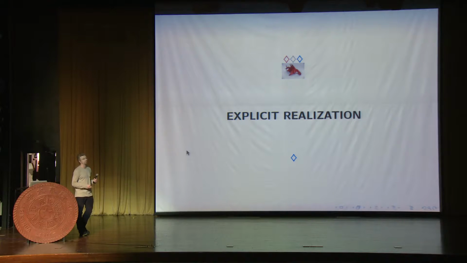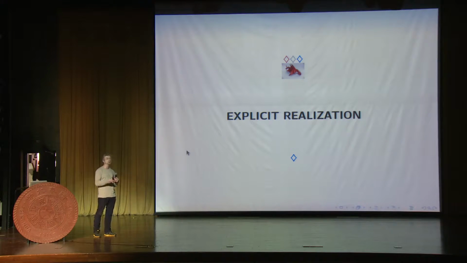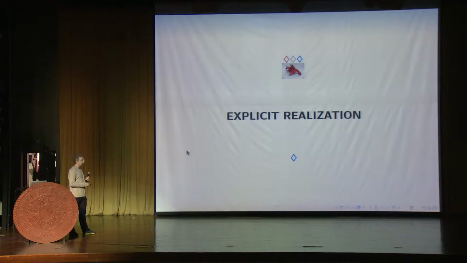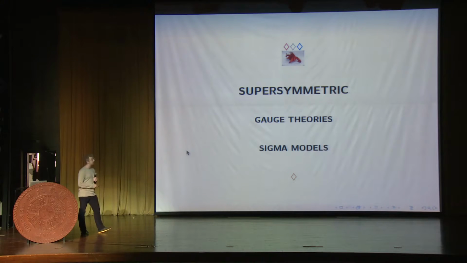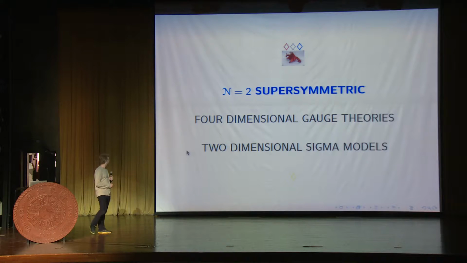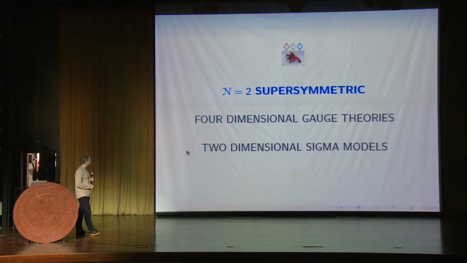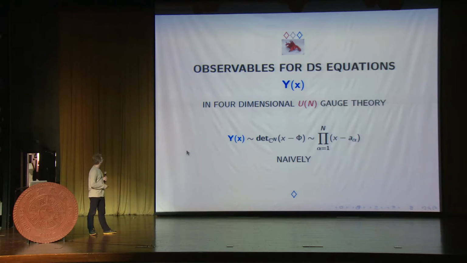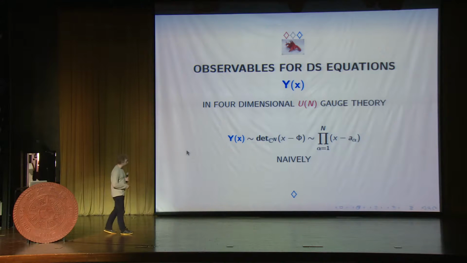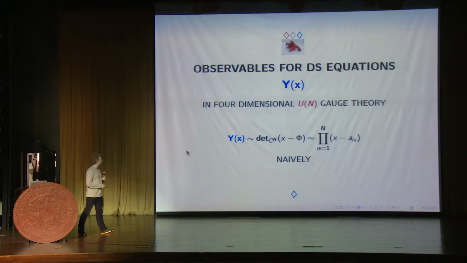So why would the path integral measure be comparable in different instanton sectors? Nevertheless, experience shows that it is possible to compare, and the explicit realization of this idea was found in the context of N equals 2 supersymmetric 4-dimensional gauge theories and 2-dimensional sigma models, and also in higher dimensions with the same amount of supersymmetry.